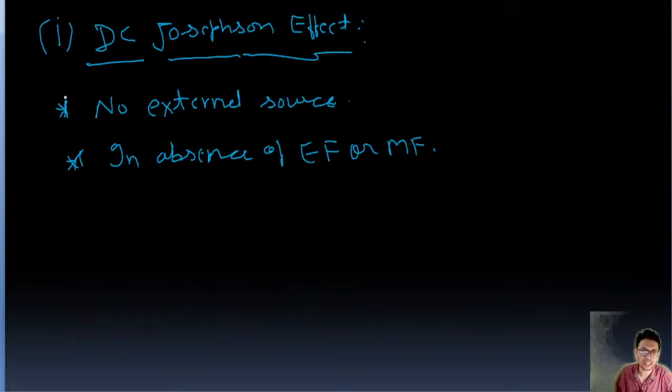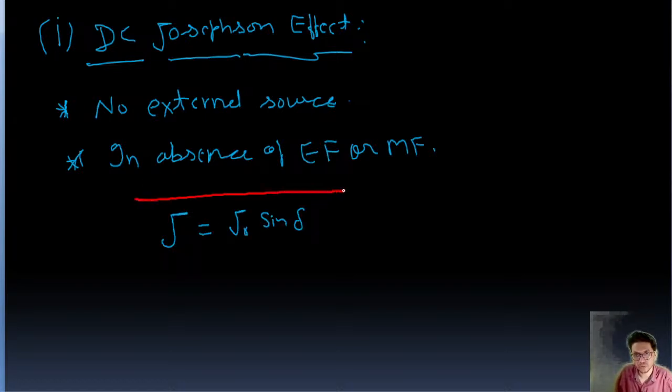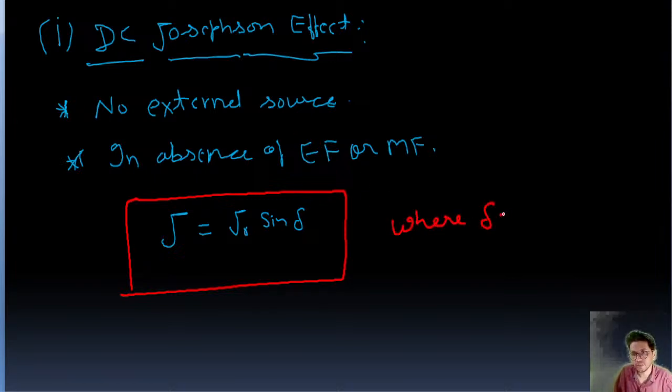In that case there would be the DC Josephson effect. Here the value of J is J0 sine delta, important. J equals J0 sin delta in the case of the DC Josephson effect, where delta is the phase shift.